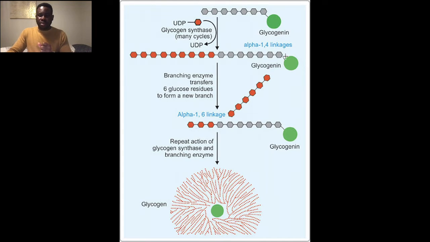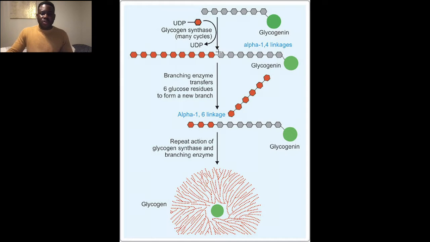And the enzyme is glycogen synthase. It's glycogen synthase that does it. So it adds UDP glucose, which has a high energy, attached to the glucose, and adds it to the glycogenin to make this.